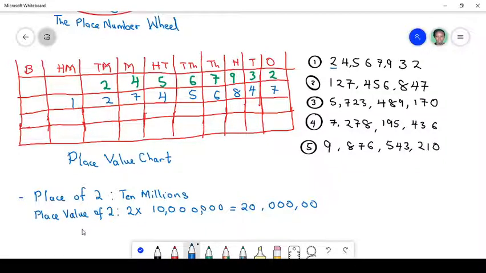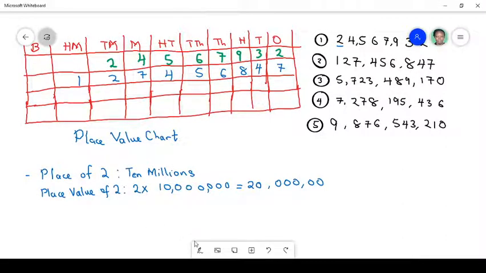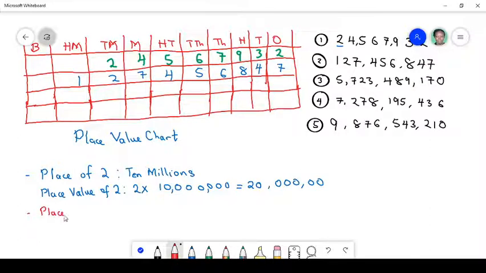If I ask you to find the place, so let's find the place. If we want to find the place of 1, you realize that the place of 1 here is what?